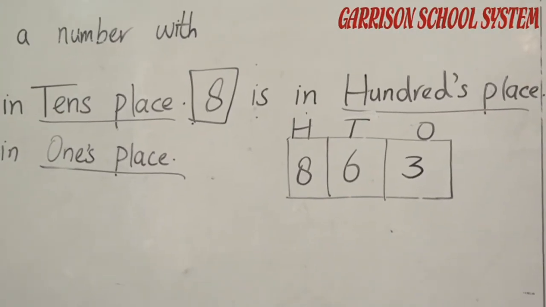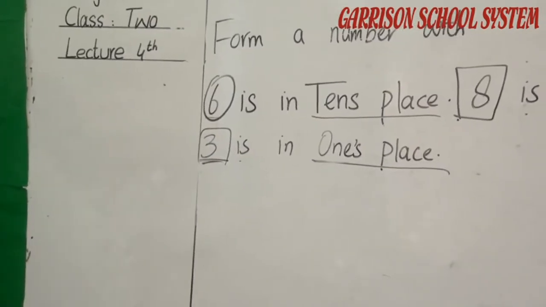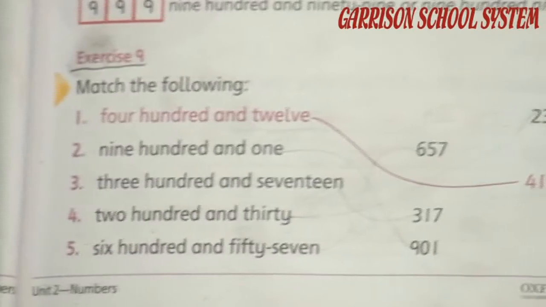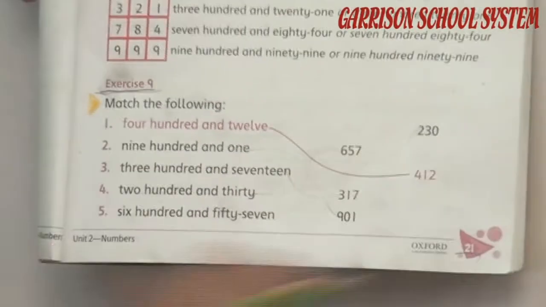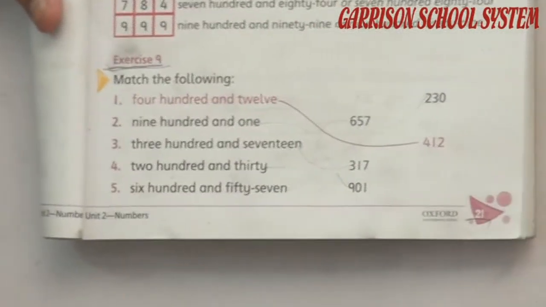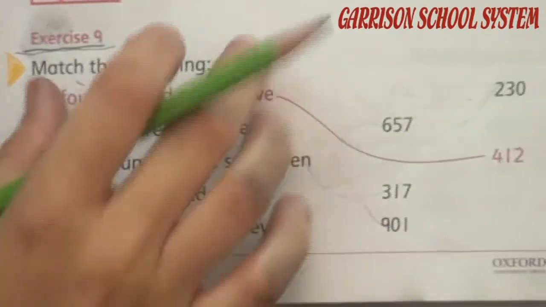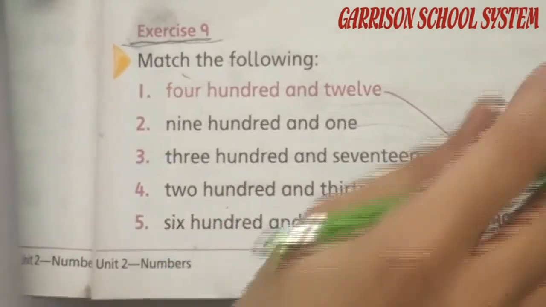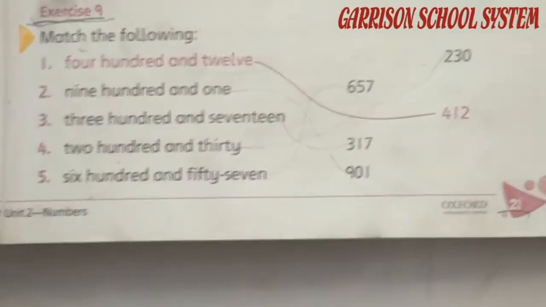Remaining parts of this exercise you have to solve at your home. Okay, students, look at exercise number 9 on page number 21. What is the statement? Match the following. Here are the numbers in words and here are the numbers. So we have to match these numbers.